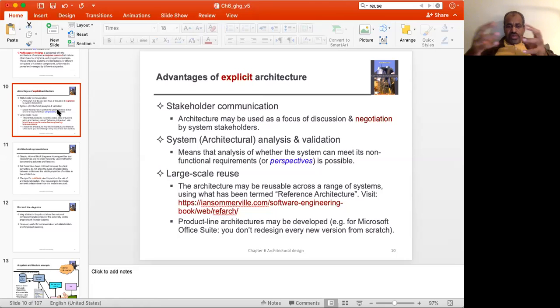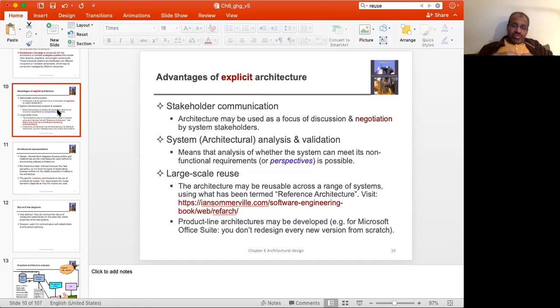For example, you may pick up an entire architecture that is suitable for a particular domain, which we call a reference architecture, and you instantiate that for a particular company or example of the system. For example, the architecture of the software that would manage airline tickets reservation would have a reference architecture that is sort of proven, tried and tested.